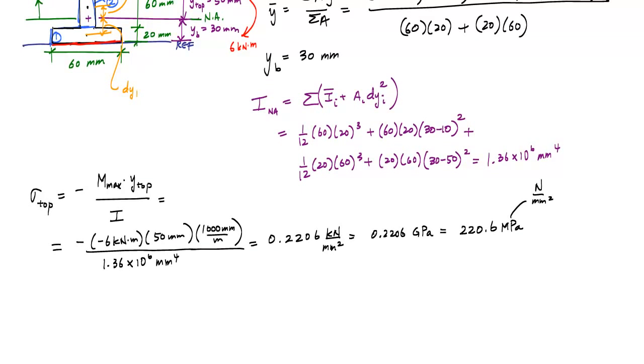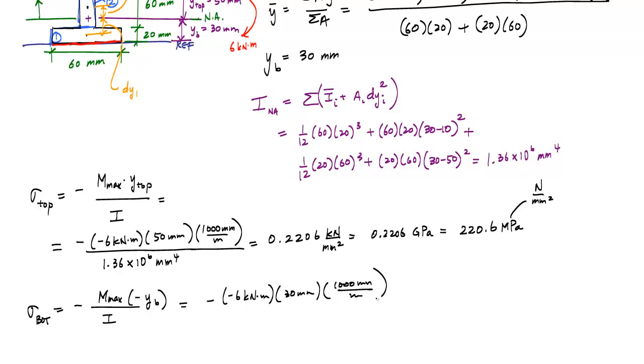Because this is a linear relationship, all the numbers are the same except for the location. So it's minus M max over I times negative y b, the distance from the neutral axis to the bottom, which is 30 millimeters. This is minus 6 kilonewton meters times 30 millimeters times the unit conversion, divided by 1.36 times 10 to the 6 millimeters to the fourth.